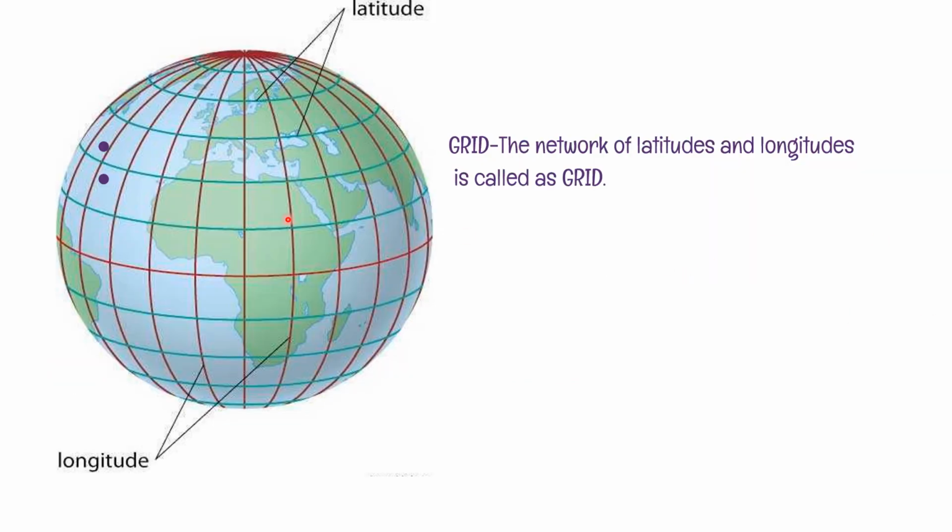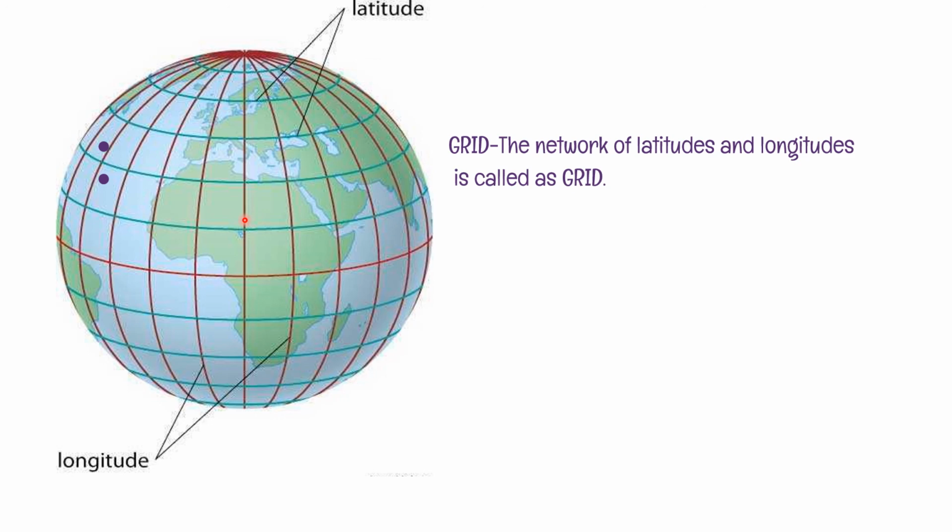Next, you can find a picture here. It is a model of the Earth. In this picture, you can see all the latitudes and longitudes drawn together. You can find a network here due to latitudes and longitudes.